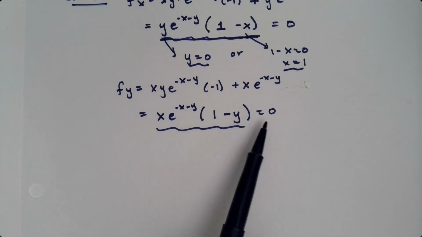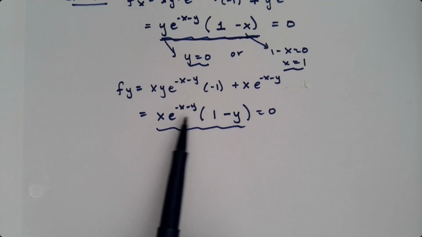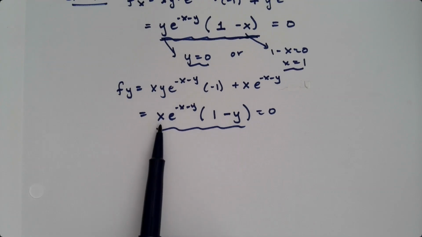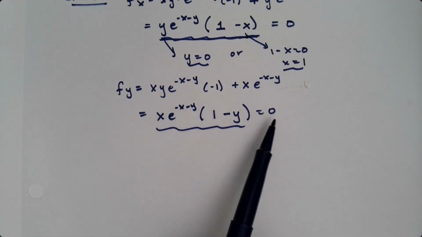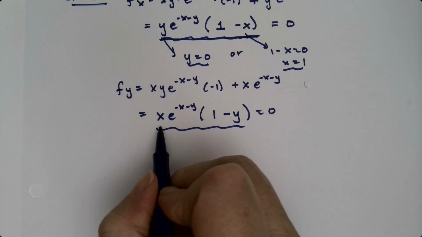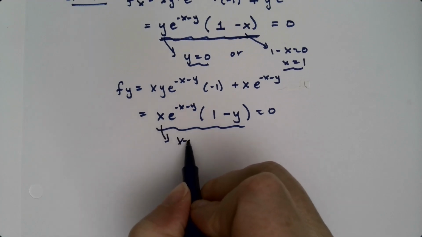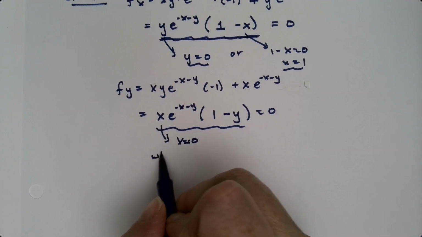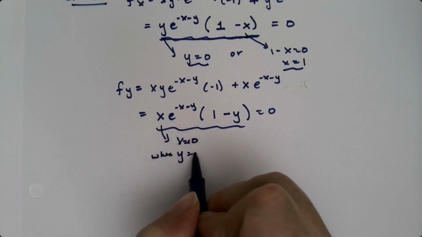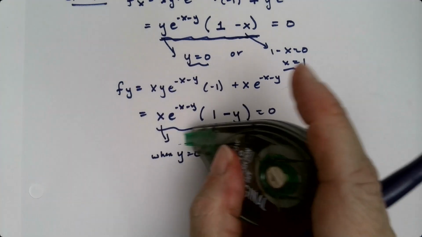So the only way we're going to have it equal to 0 is if x is 0 at the same time, right? Because 0 times this thing times 1 would be 0. So x is 0 when y is 0.